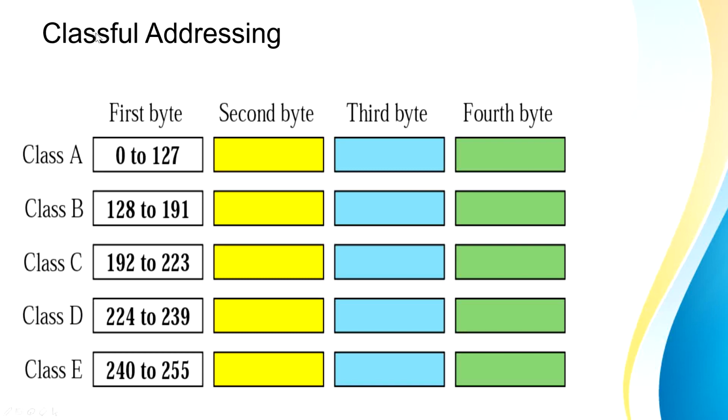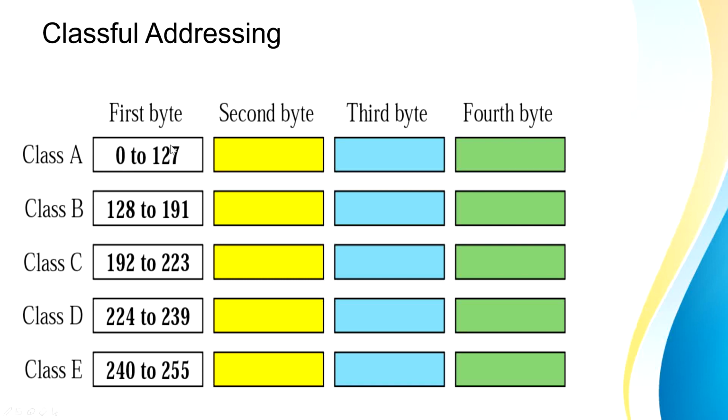Remember that the values can go from 0 to 255. So हमने उनको बस parts में divide किया है. अगर 0 to 127 है तो part A और class A, and so on for class B, C, D, E. Also remember that D and E addresses are not used. Only class A, class B and class C addresses are used. So in all you have to remember 2 things here.